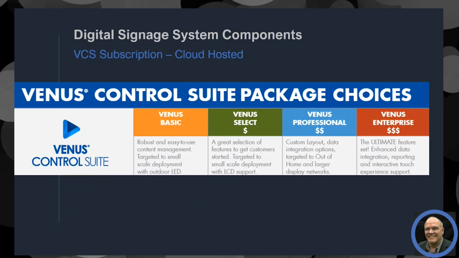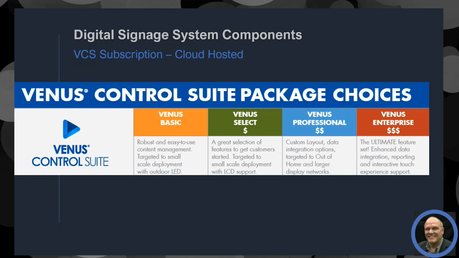I mentioned Venus Control Suite and the different options available. These are just a quick overview of the tiers that we offer. These are relatively new, less than a year out, and we're having good success with adoption of moving customers into these subscription packages. We have an LED version only for LED on-prem.